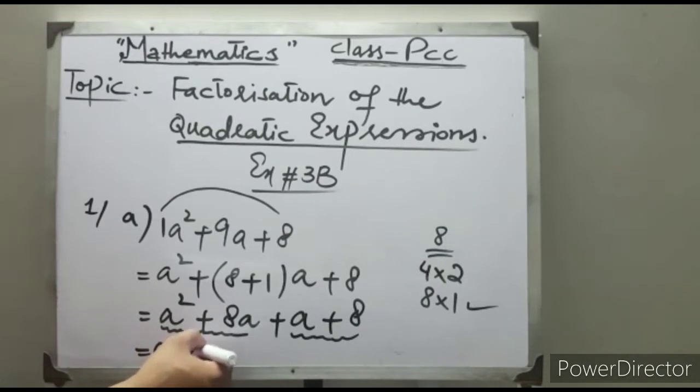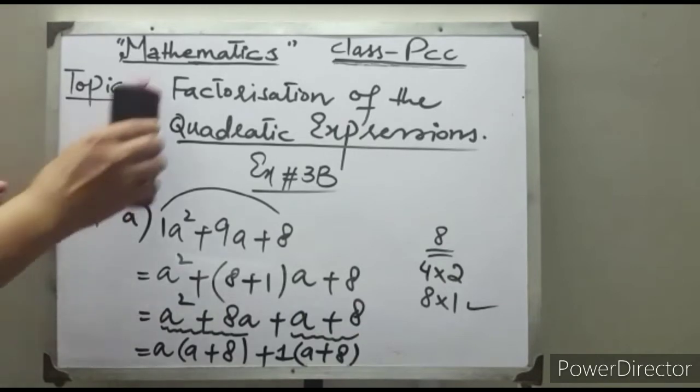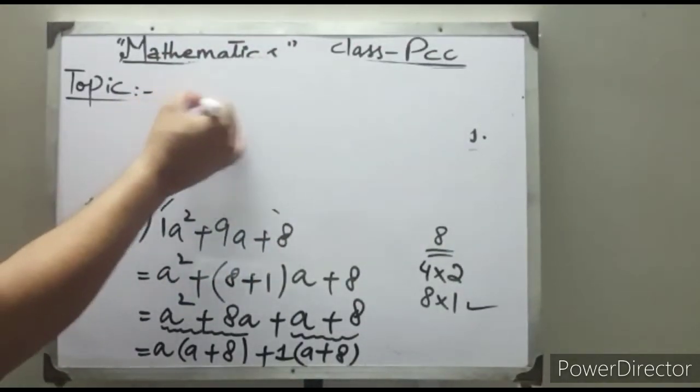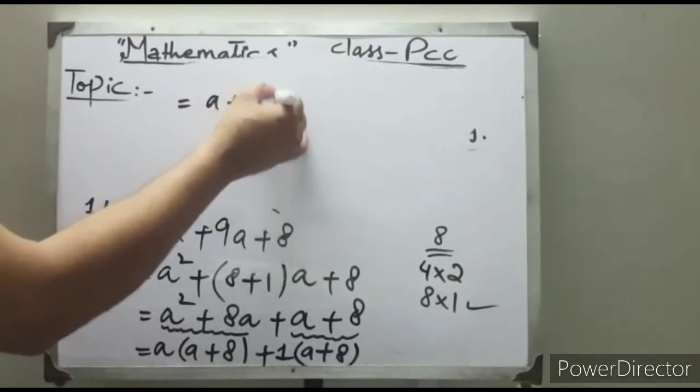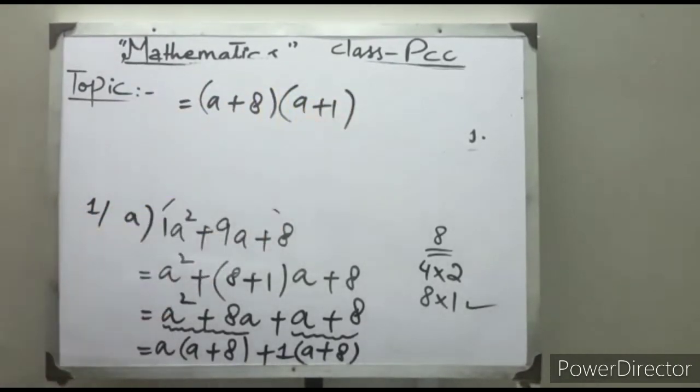We have a plus 8. In the second pair we have nothing common but 1. So we have a plus 8. So the final answer will be a plus 8 into a plus 1.